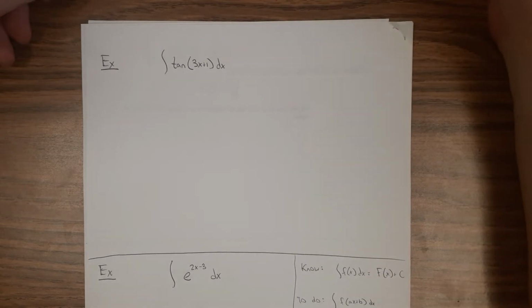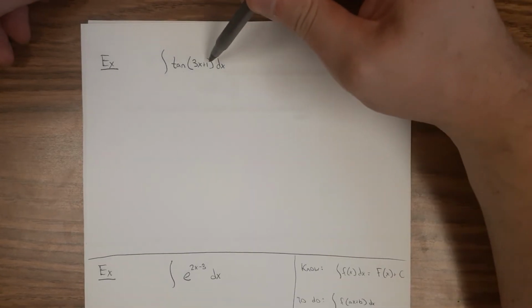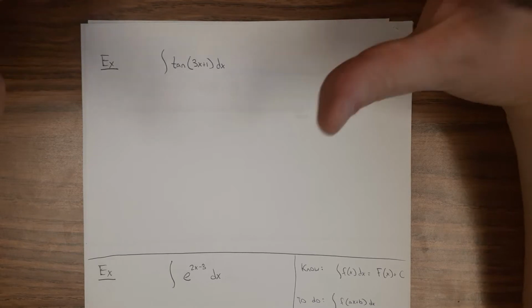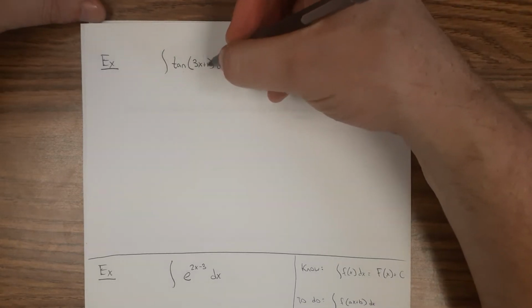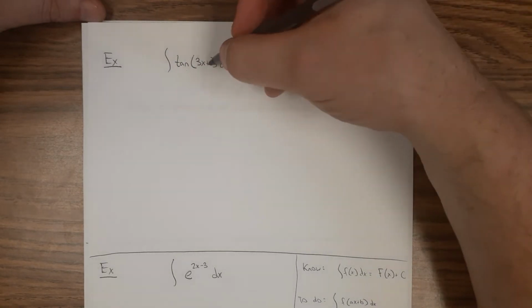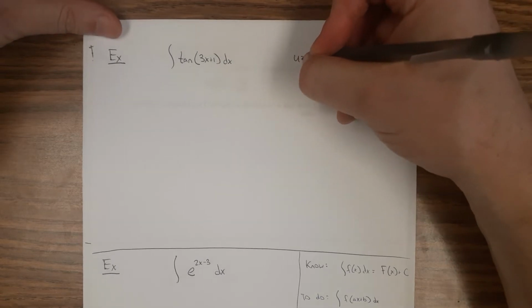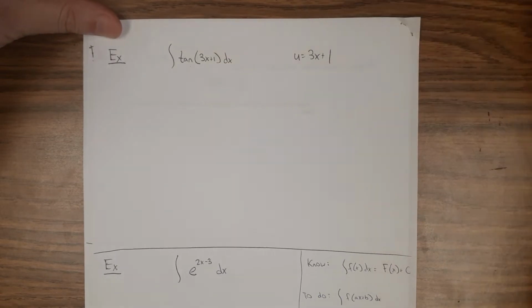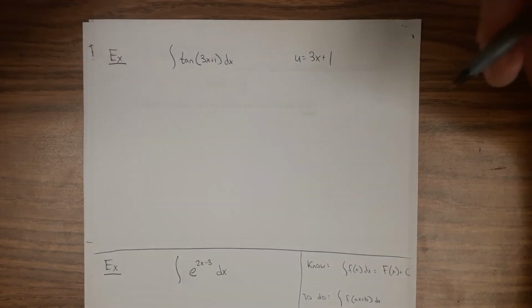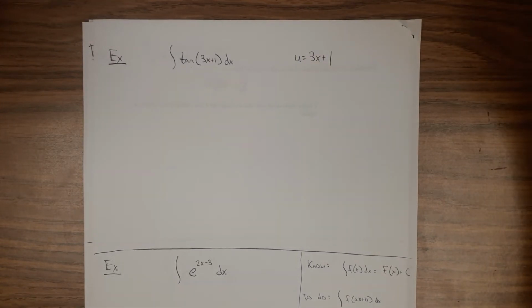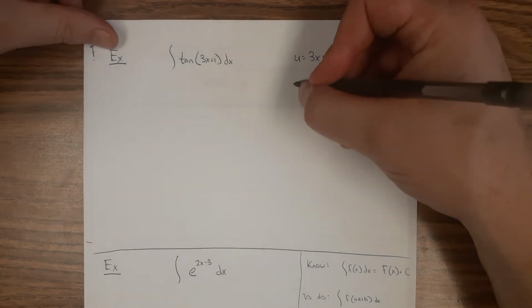Let's do another one. I see a composite function here. I see tangent of this thing. I'm going to let u be the inside. That's step 1. I've determined u. Now I want to complete the substitution. That's step 2.